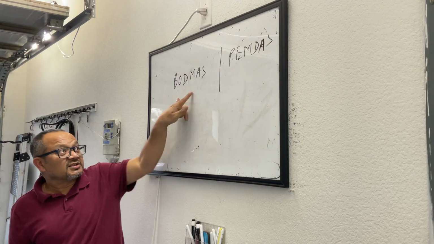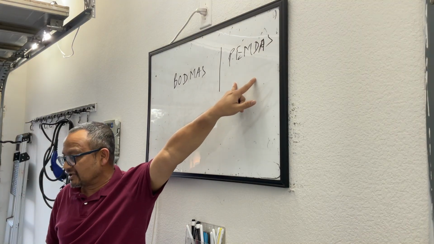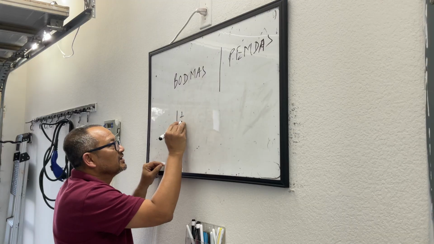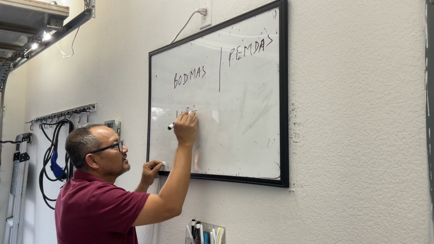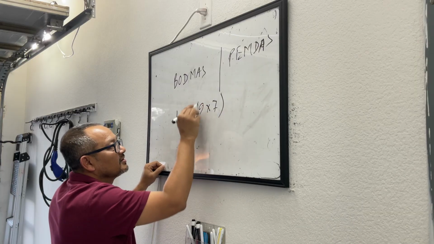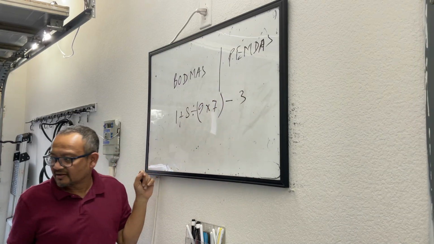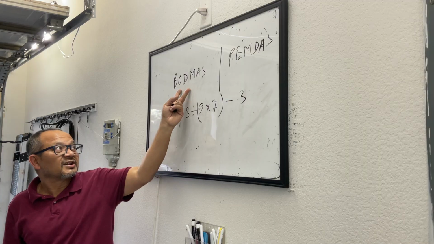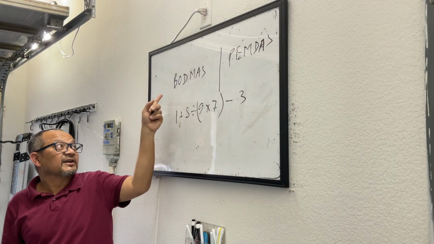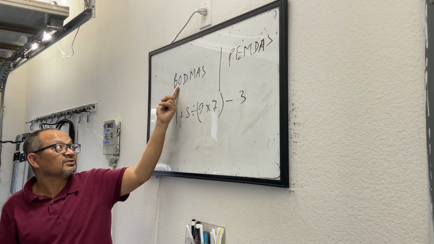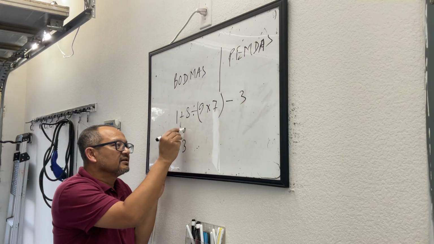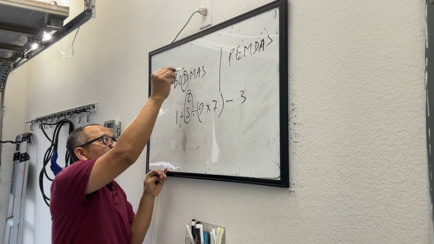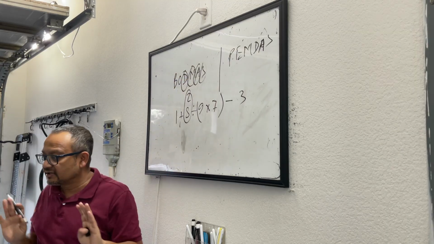These are two methods or two techniques, two rules that you can use when you have a situation where you have to do multiple things in one problem, to decide which one you will do first. First you will take care of brackets, whatever is in the bracket, then you will say order. This is called power. If you had a to the power 2, then you will take care of that, then you will do division, then multiplication, then addition, then subtraction. This is just the order, that's it.